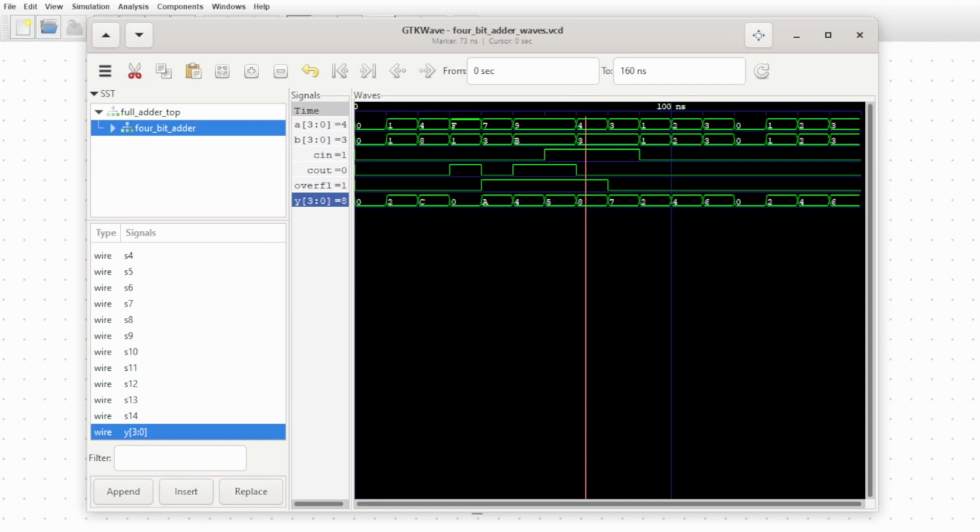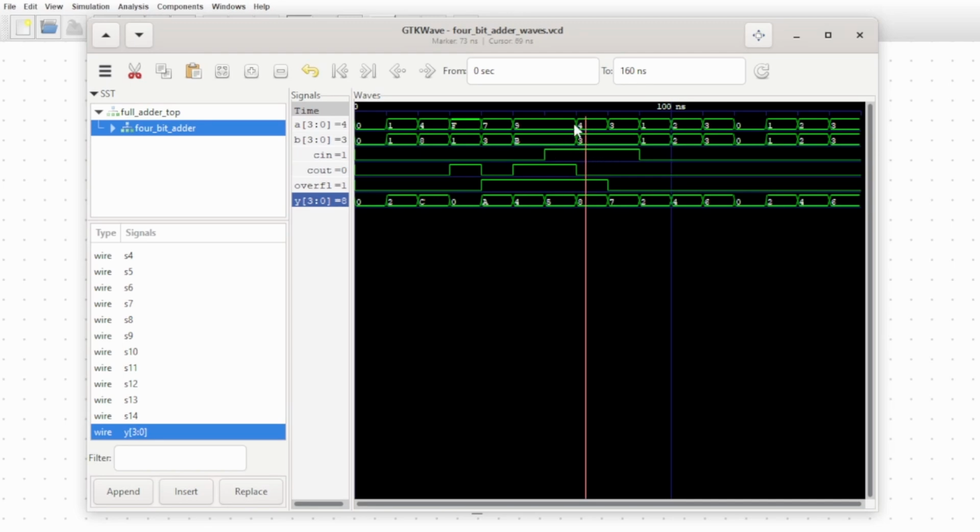And then our next test is for the overflow due to a carry in. So here what I have is a 4 plus a 3. Now those both are positive numbers. They're signed, they're positive. However, I'm also adding a 1. So I'm adding a 4 plus a 3 plus a 1.